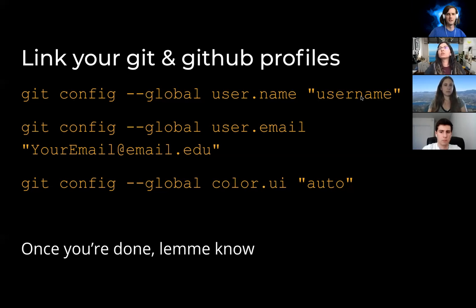So this username and then the email should be your GitHub username and email. And then the last thing is just to make sure that the colors look nice, because that's important.